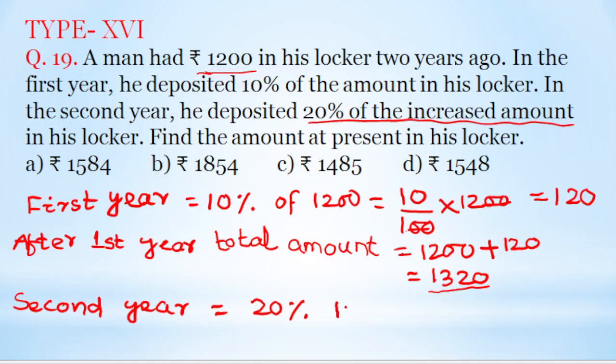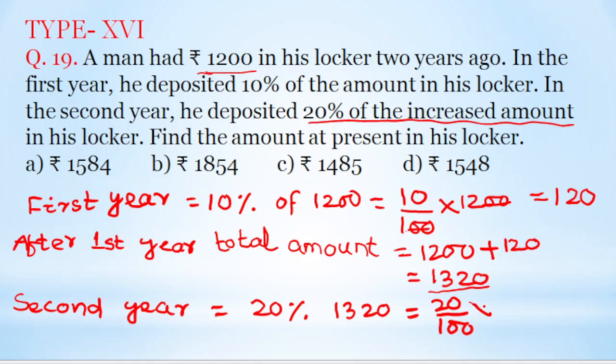Here increased amount is 1320. So that is equal to 20 by 100 into 1320.